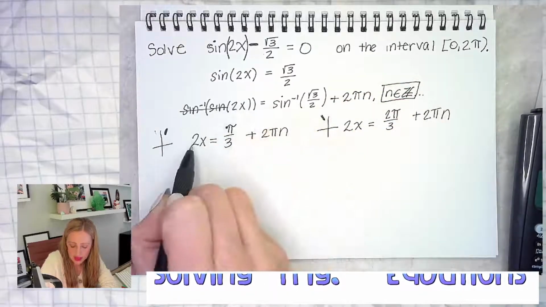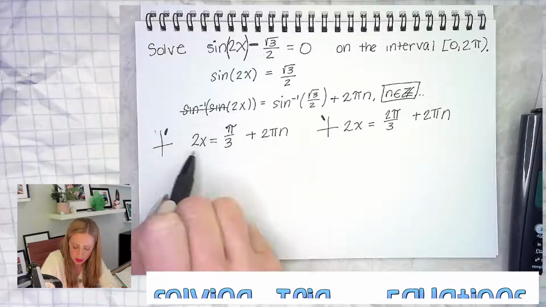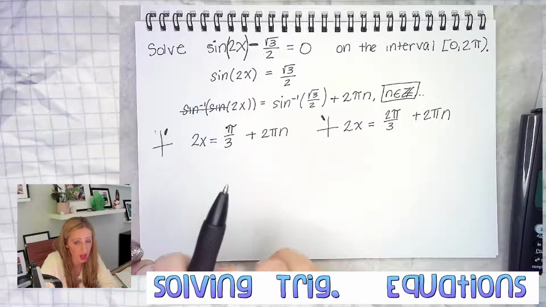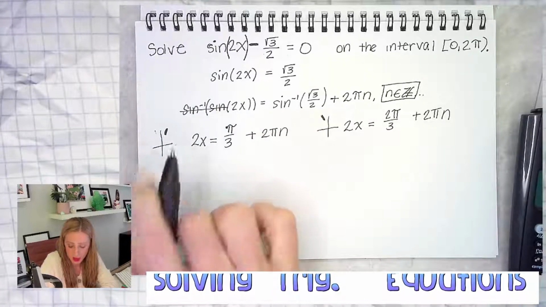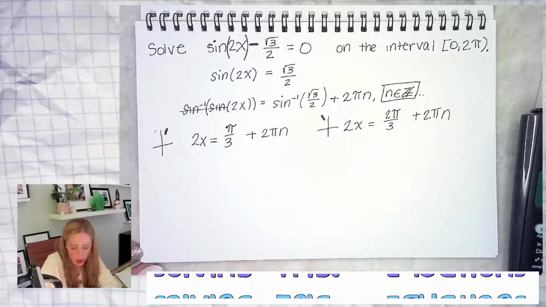Now, if I didn't have this 2, here, here, here, okay? If I didn't have that 2, we'd more or less be done. We could carry on with our lives. What is the 2? We spoke about this a week or so ago.